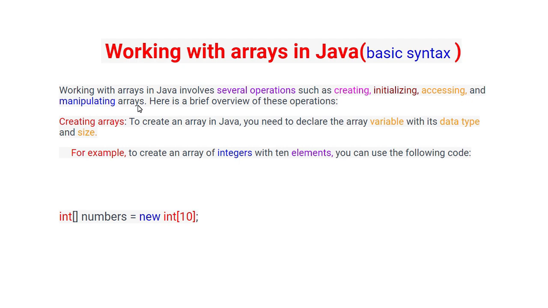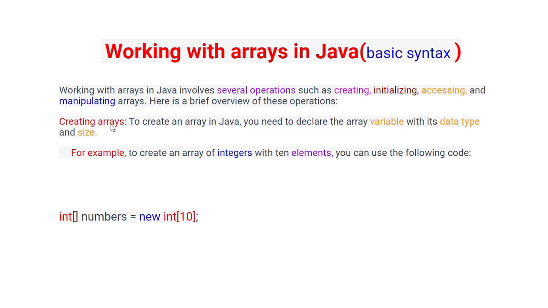For example, I want to do sorting and other manipulations. As of now you don't know those, but I will cover them in the upcoming videos and live classes, whatever logical questions are possible based on arrays. I will show you how we can manipulate the array and work with it.